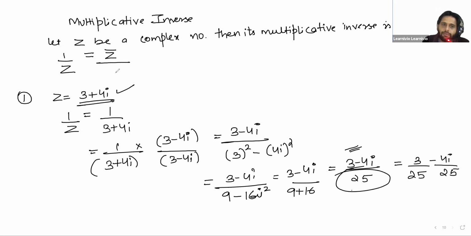Can we say this is modulus of Z square? Yes, sir. So we have one more formula. The multiplicative inverse of Z is given by 1 by Z, and then we need to convert that into standard form. Or if you wish, you can directly write that 1 by Z is equal to Z conjugate by modulus of Z whole square.